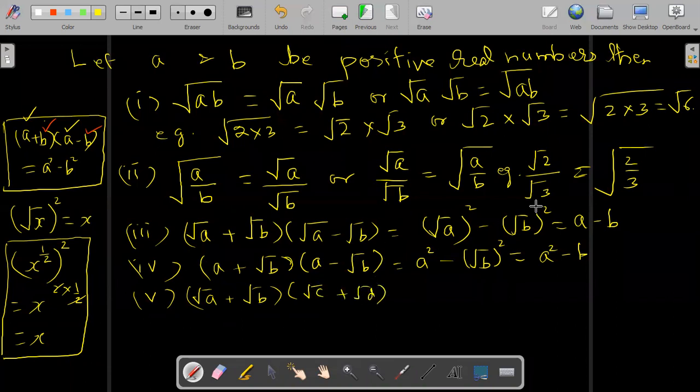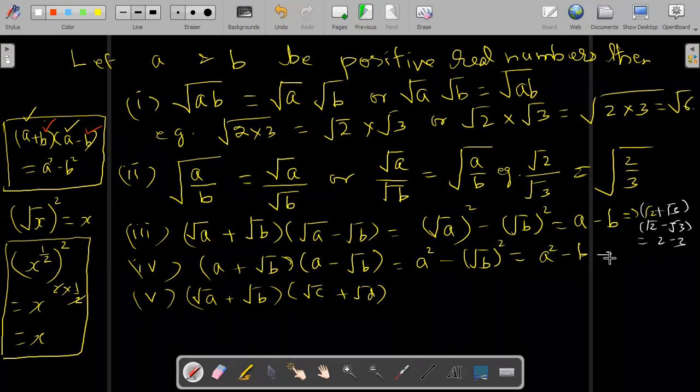You can write some examples here. Suppose root 2 plus root 3 into root 2 minus root 3 will be equal to 2 minus 3.